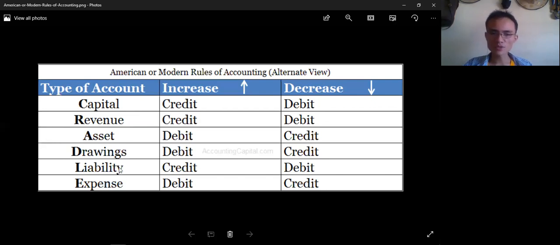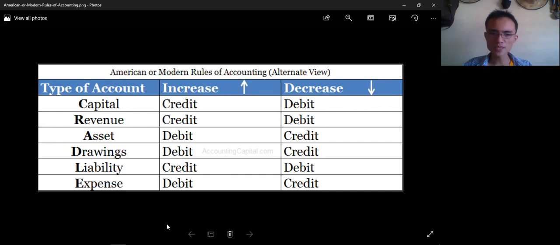For some, they are going to have 5 because drawings will be part of capital or equity. Okay, by the way, this is not arranged properly. Supposedly the arrangement is assets, liabilities, equity, drawings, income, and expenses. We will see that anyway in our other sessions.